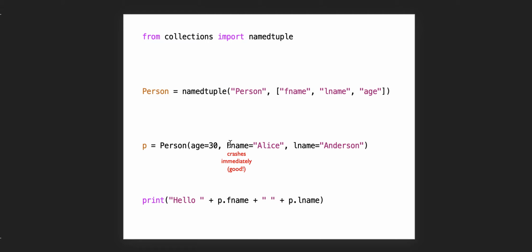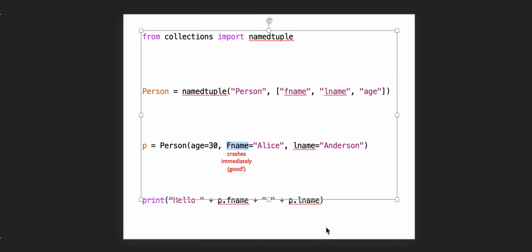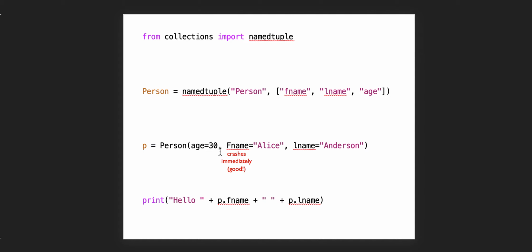Let's talk about what would happen if you used an incorrect attribute name over here. The difference between the previous version where we used the dictionary and this one is that Python will immediately crash, and it will complain that this particular attribute is not defined as part of your custom data type person, which is good, right? So we don't have to wait until we actually use that particular data to figure out that something was wrong or we had a typo.